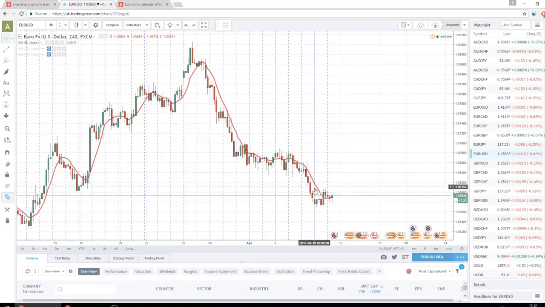So what do we see here? In the current Euro-American dollar situation, we see that the trend was going down, and after that the price has crossed the moving average, has crossed the candles.